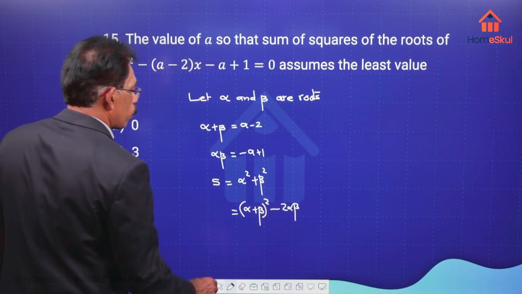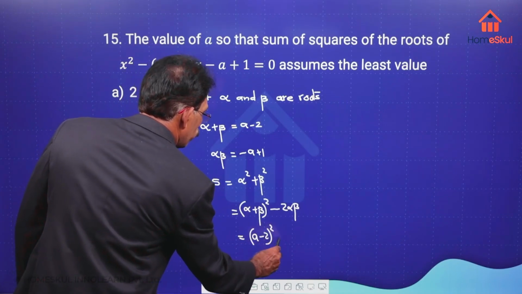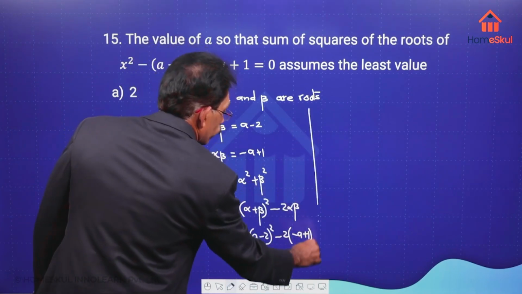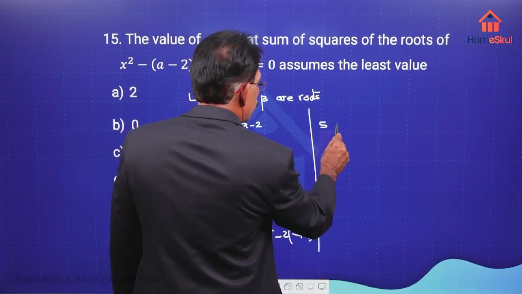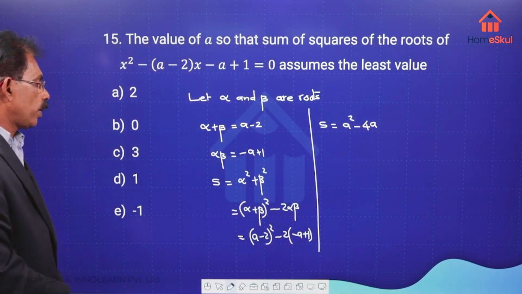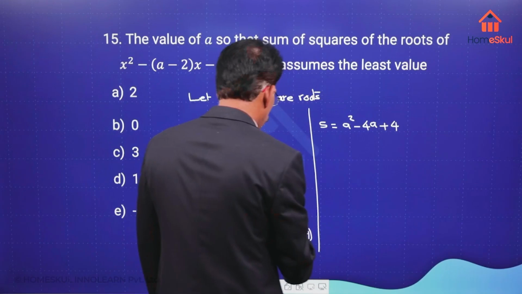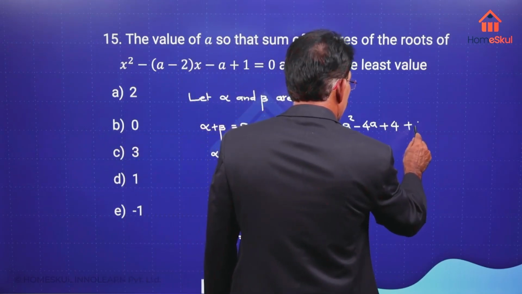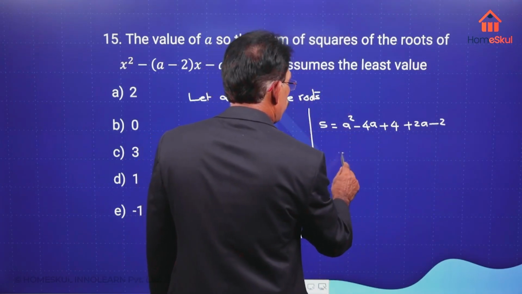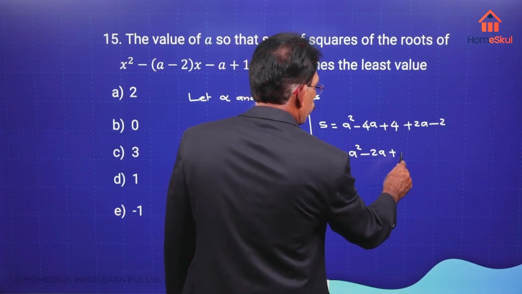This is equal to (a minus 2) the whole square minus 2 into minus (a plus 1). Then S is equal to a square minus 4a plus 4 plus 2a plus 2. So that is equal to a square minus 2a plus 6.